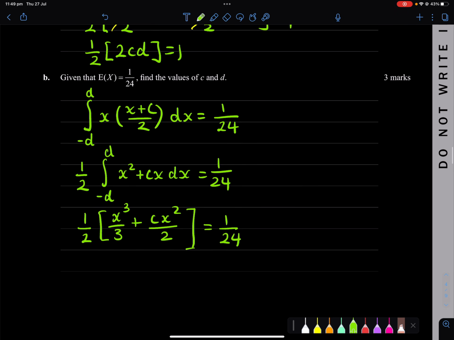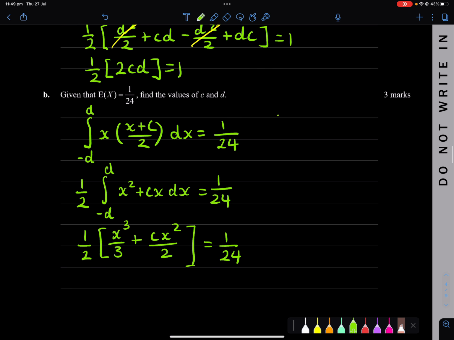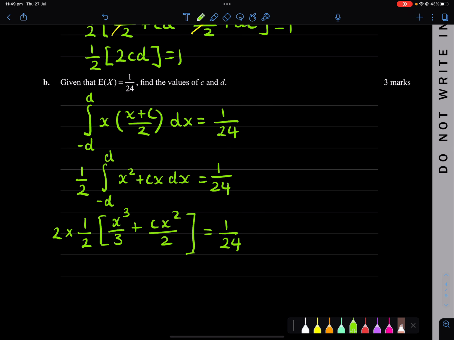Yep, so I'm going to put that half, I'm going to multiply by all. Actually, let me just get rid of that half. How? If I multiply this side by 2, I have to multiply this side by 2, so it would just be x to the power 3 over 3 plus cx squared over 2 equals 1 over 12.